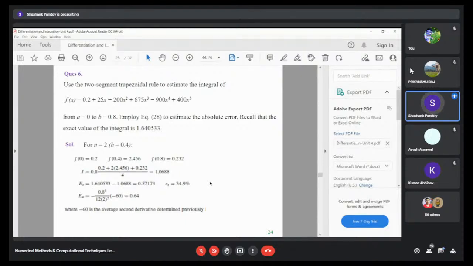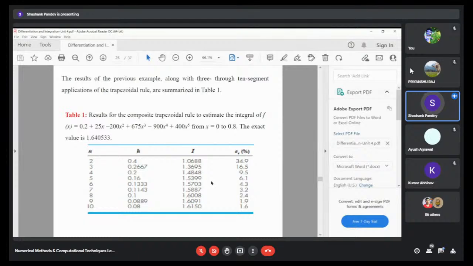The approximate error is 0.64. So here we can see that there is a difference between true error and approximate error, and the average value of the function we previously calculated was minus 60.